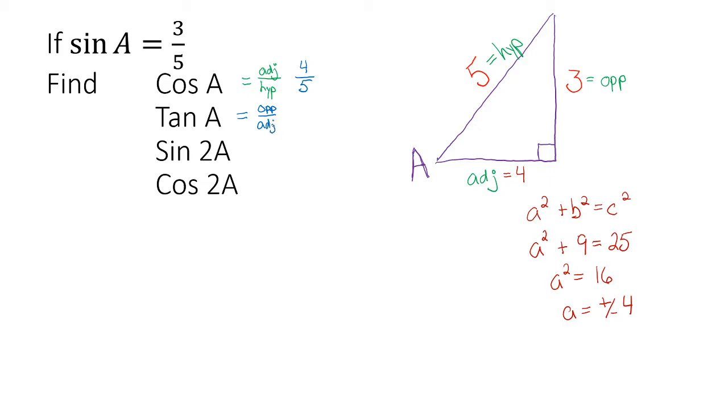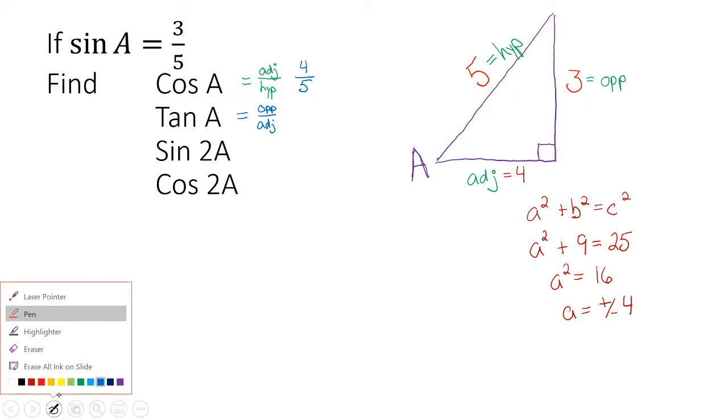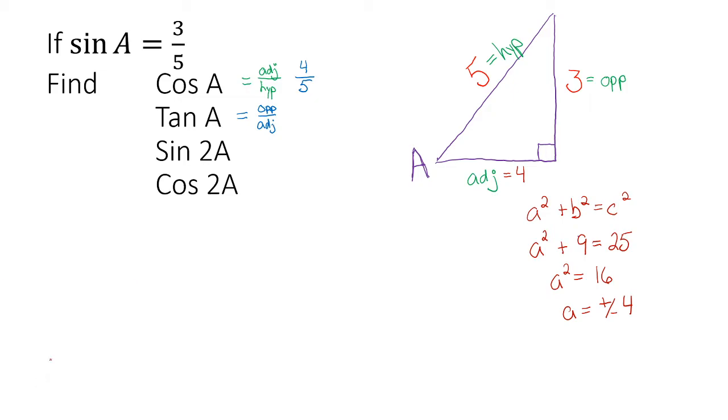Now, if you look at this, you could see that we know the opposite value is 3 and the adjacent value is 4. So that helps us find the tangent of A and the cosine of A. The next question it asks for is the sine of 2A.